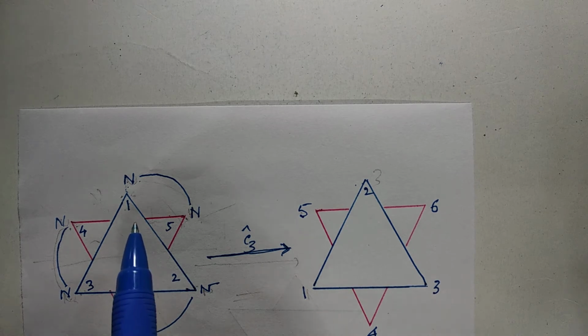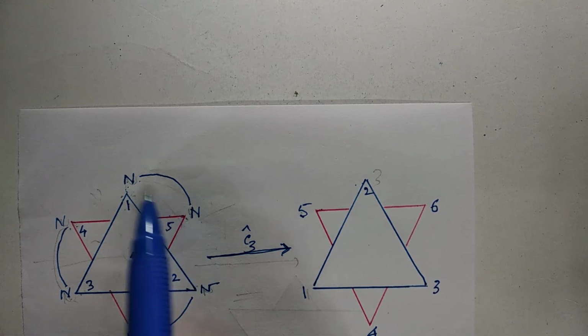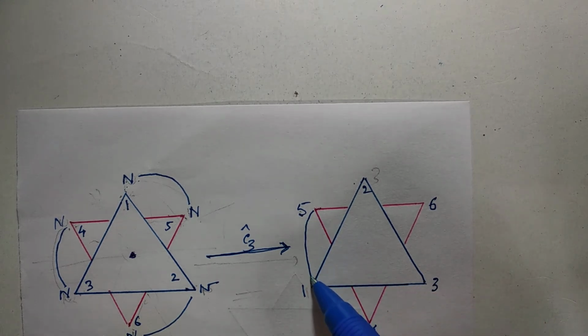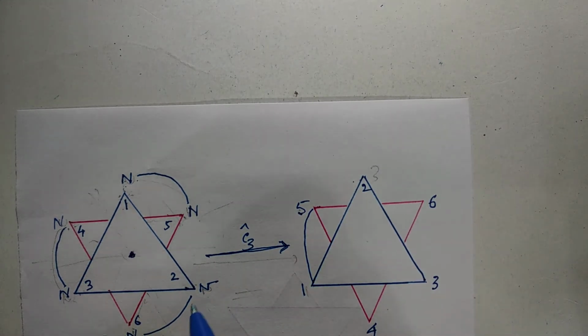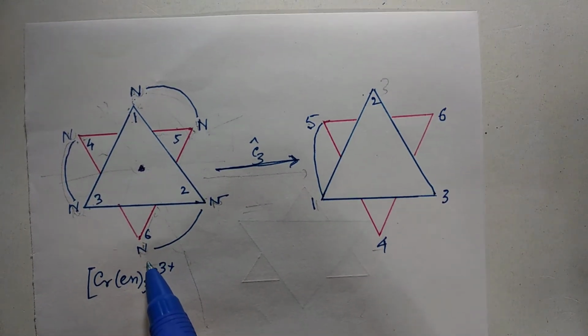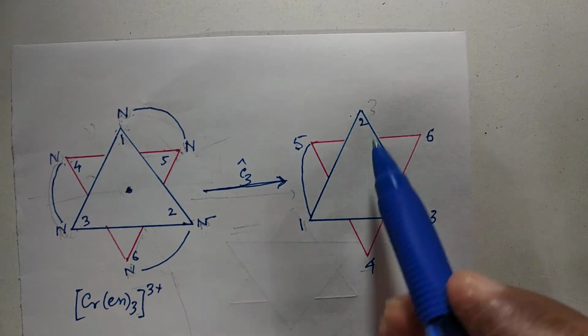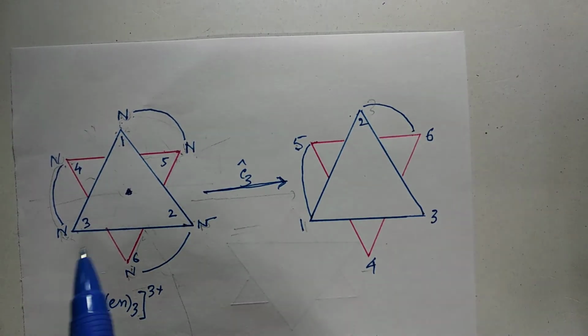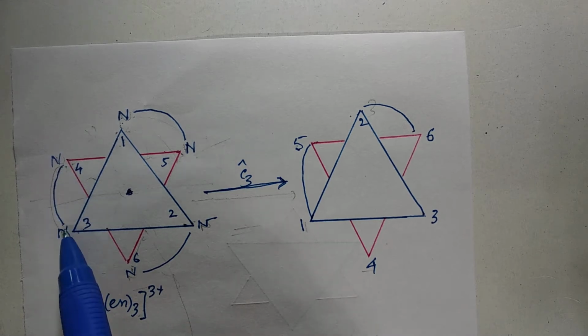Now here we find that 1 and 5 are bridged. So here we have to bridge 1 and 5. Similarly, here we see that 2 and 6 are bridged. So we have to bridge 2 and 6. Similarly, here 3 and 4 are bridged.